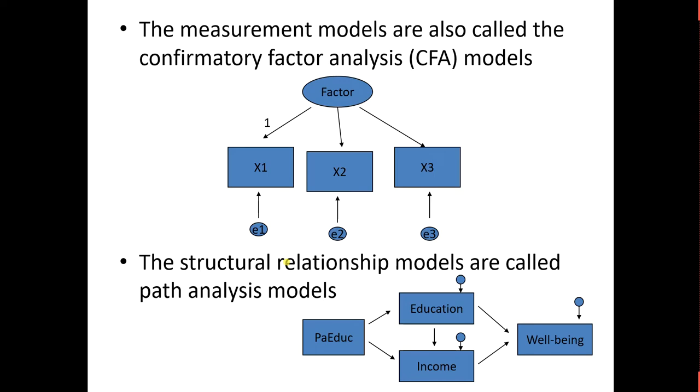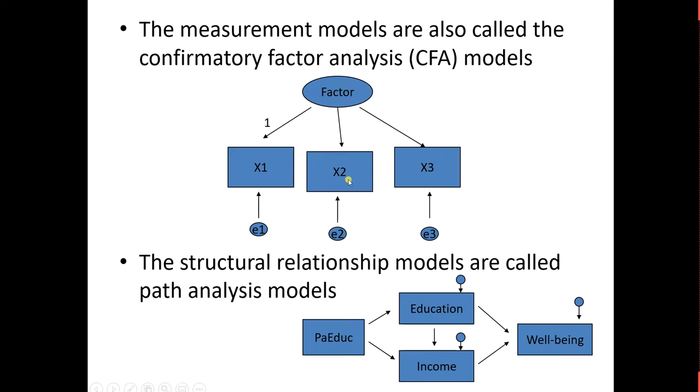As I said earlier, measurement models are generally called confirmatory factor analysis models. So I am representing the same three indicators and one latent variable. This latent variable will be the factor, and these x1, x2, x3 are the indicators.